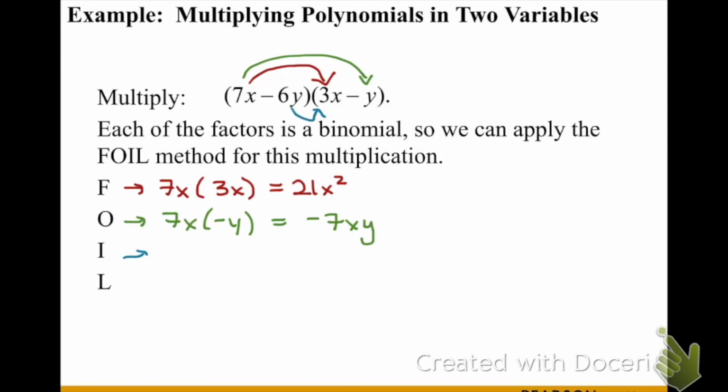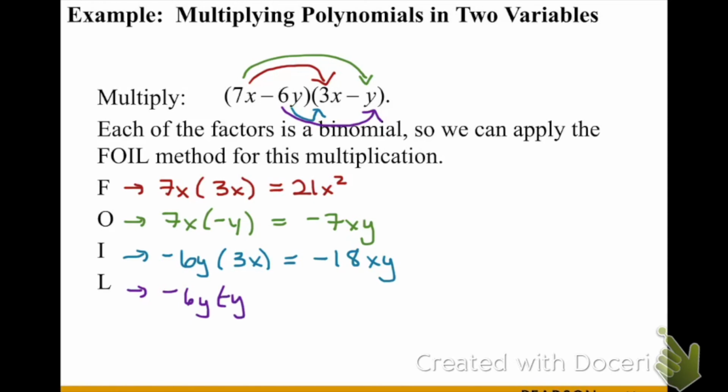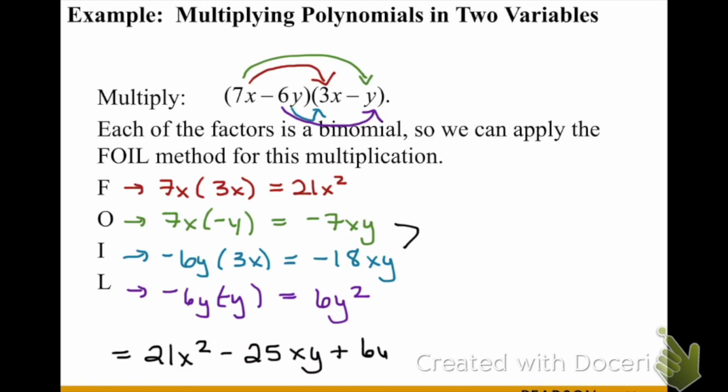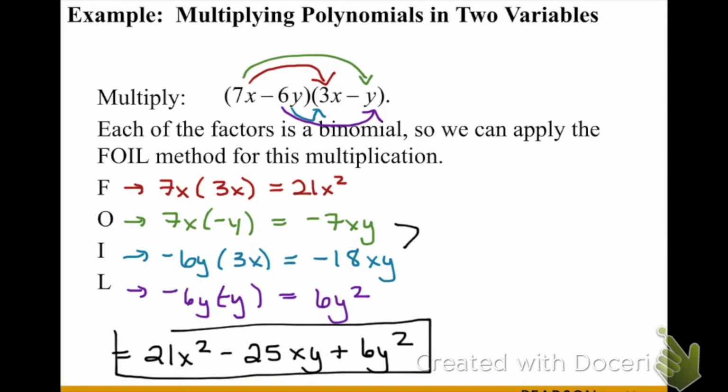We'll do our insides next, a negative 6y times 3x, giving us a negative 18xy. And finally, we'll do our last, negative 6y times a negative y, which will give us a positive 6y squared. And then we're going to write this in our standard form using alphabetical order. And so we'll get 21x squared minus 25xy plus 6y squared.